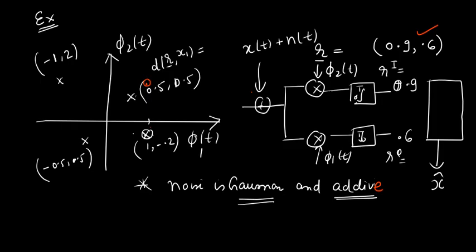I think this will be the nearest one. So the whole maths what we have done is this: when your noise is Gaussian and additive, we have found out that you have to design a minimum distance decoder. It means you have to evaluate the distance of your received point with the signal points. Understood?